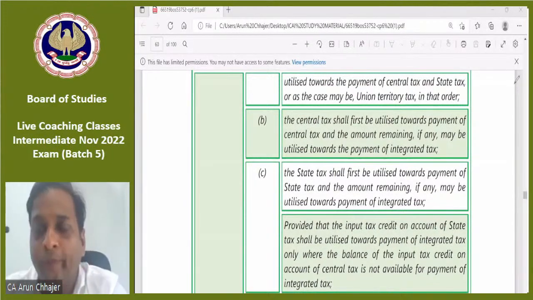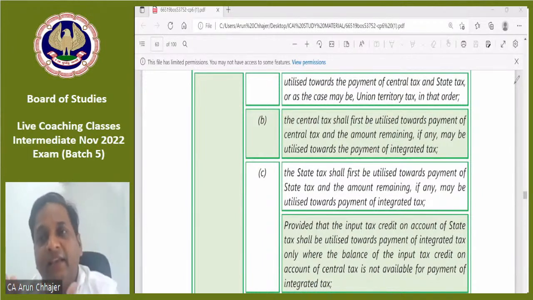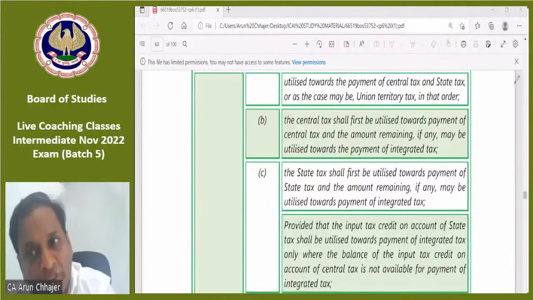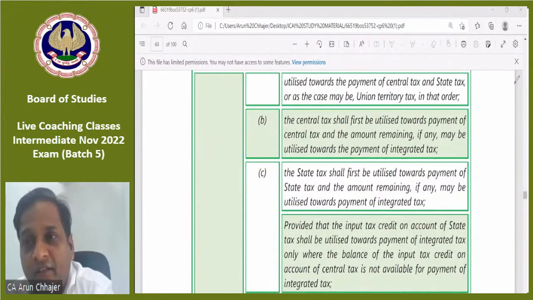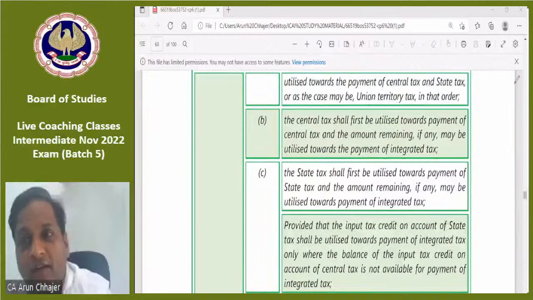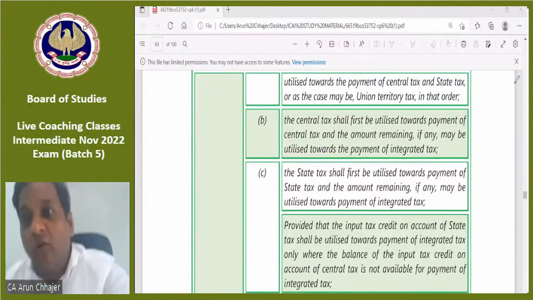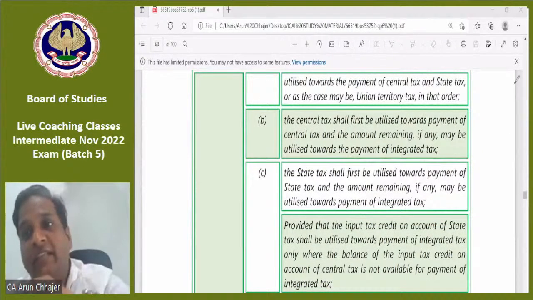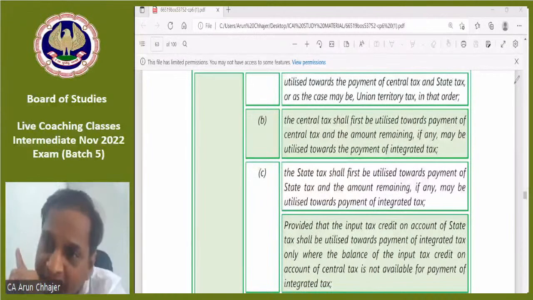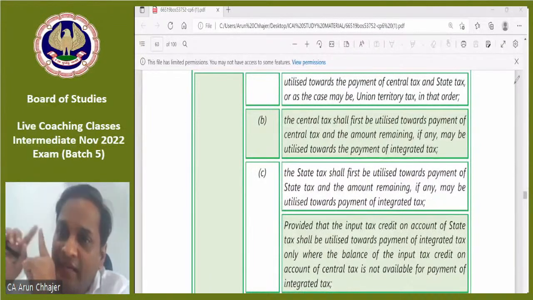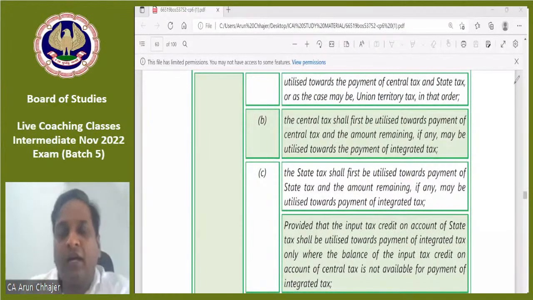Same pattern if we talk about the SGST or UTGST ITC: it will go first to its own tax liability, that is SGST or UTGST tax liability. The remaining balance, if any, can go to the IGST.